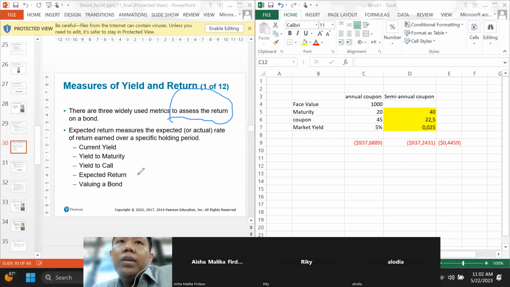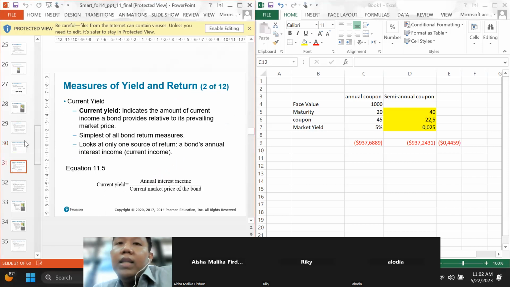There are several approaches that we can use to assess the return on such a bond. We have current yield, yield to maturity, yield to call, expected return, and then bond valuations. So let's go to the first bond assessment, the current yield.